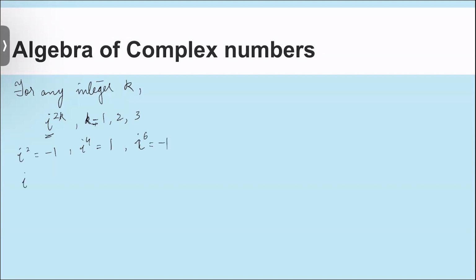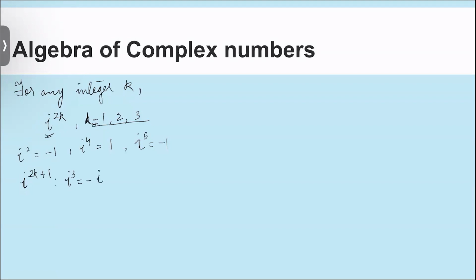Now let's see i to the 2k plus 1. If there is a general pattern being followed by this, again we will take k as 1, 2, 3. In that case, if your first k is 1, so this is 2 plus 1, so i cubed is going to be, I think, minus i.